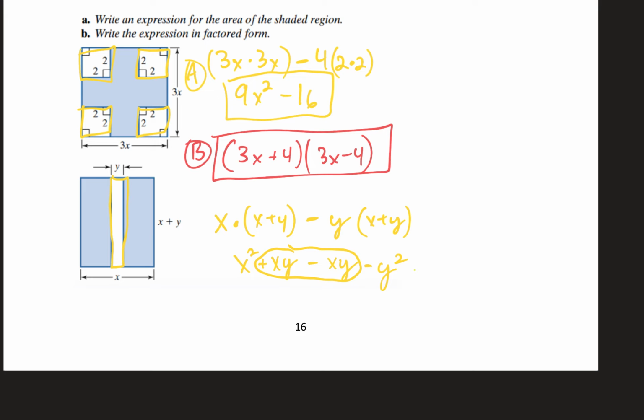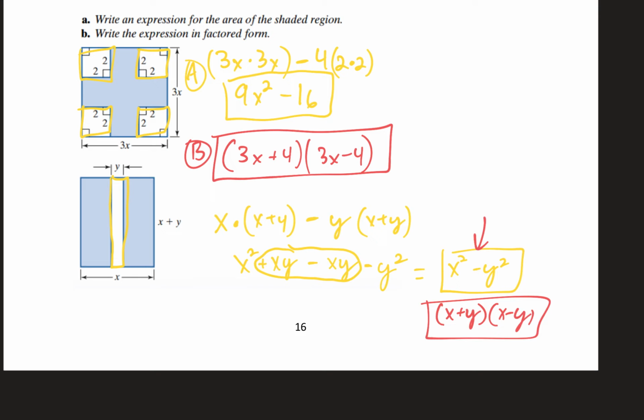So then here I have x squared minus y squared. And that is the polynomial. Now, to put it into factored form, here again, I have a difference of squares. So I can say x plus y and x minus y would be in factored form.